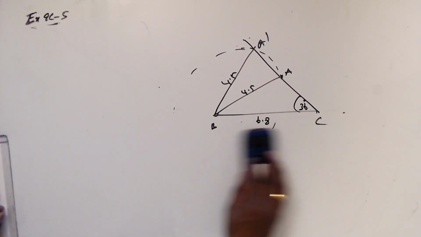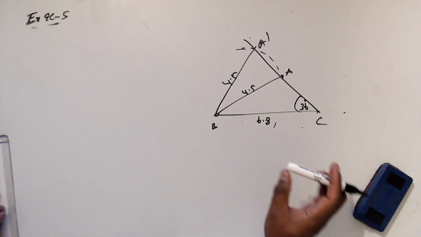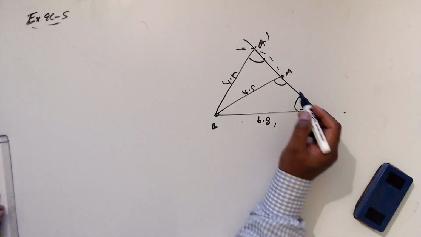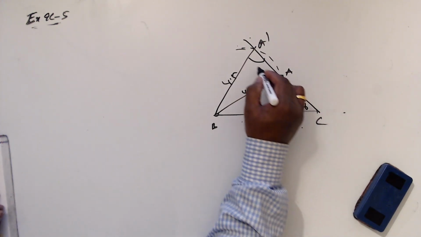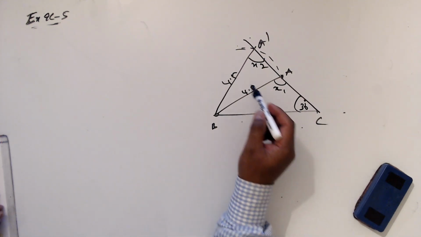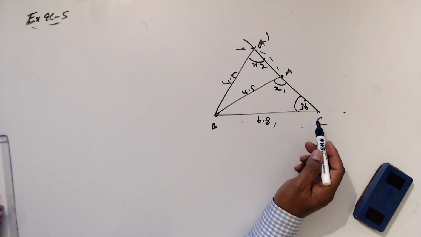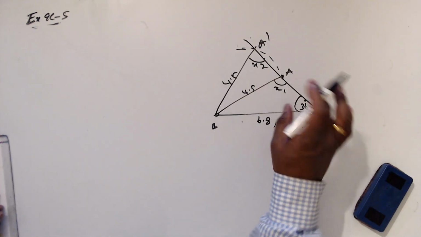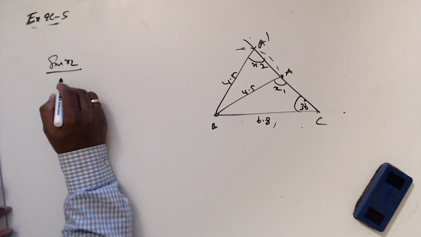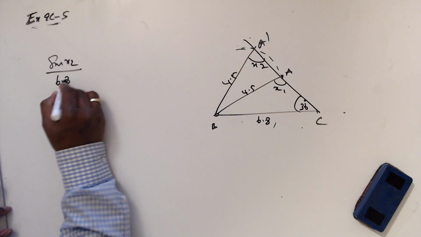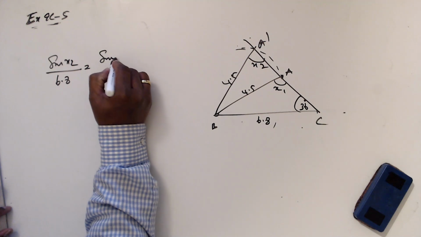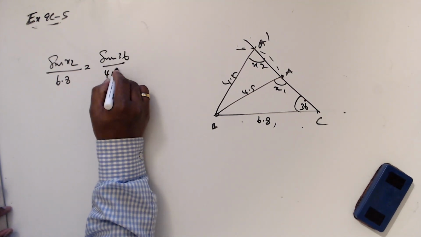First of all, we want to find which triangle. This is x1, this is x2, 4.5. This is a known pair, this is another pair. So sine x2 over 6.8 equals sine 36 over 4.5.